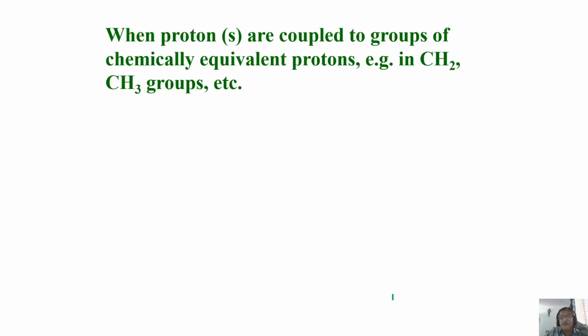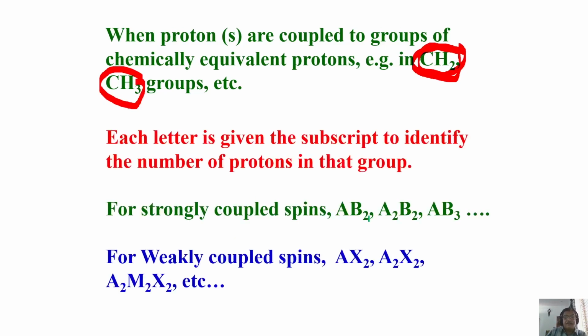Now when I have a group of chemically equivalent protons like this, earlier there were only individual chemically equivalent protons. Now if I take a group like CH2, CH3, etc., how do you represent it using alphabet? Very simple. For strongly coupled, you write AB2, where the 2 represents the number of protons in that group. If you say AB3, it tells you the number of protons in that group.